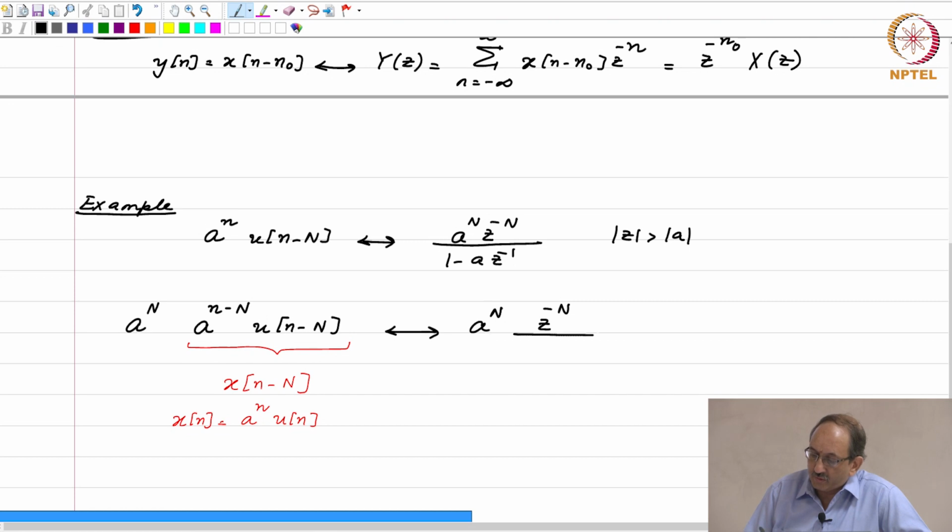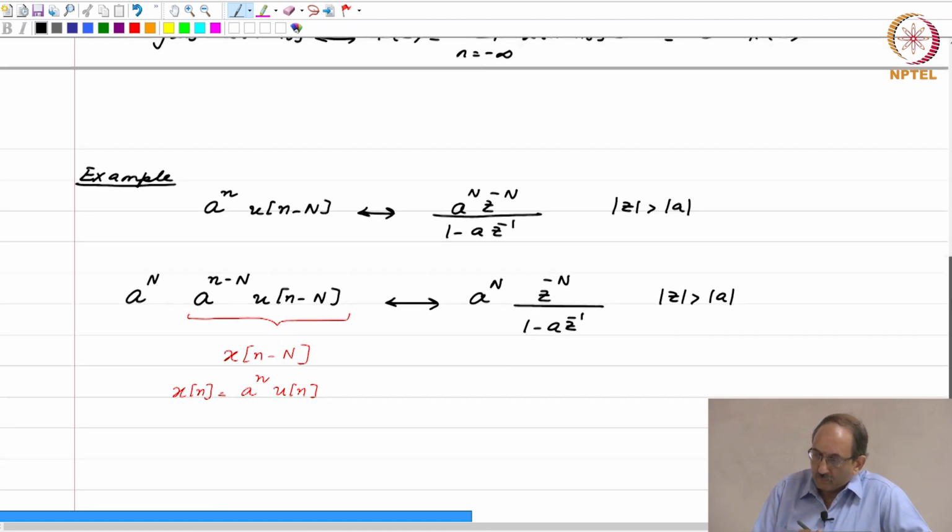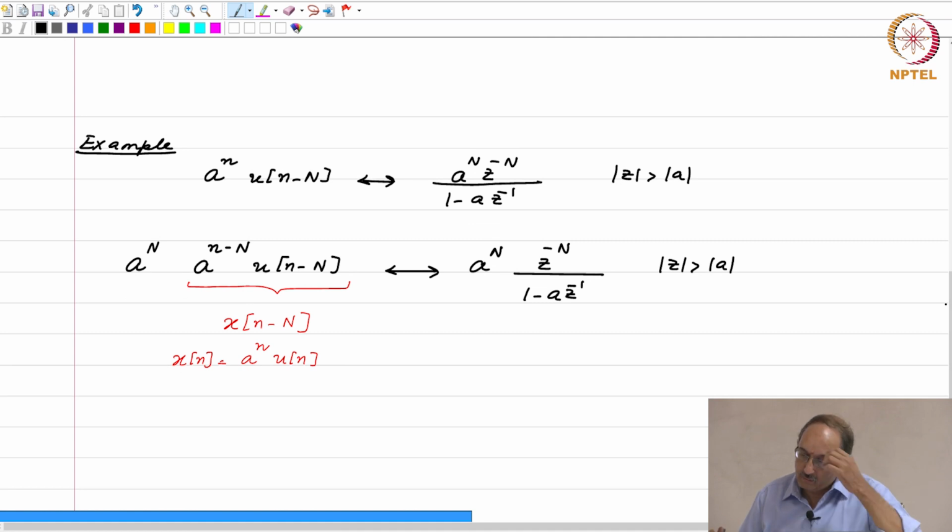X of z of course is 1 by 1 minus a z inverse. So, the delay property helps you get this transform immediately.